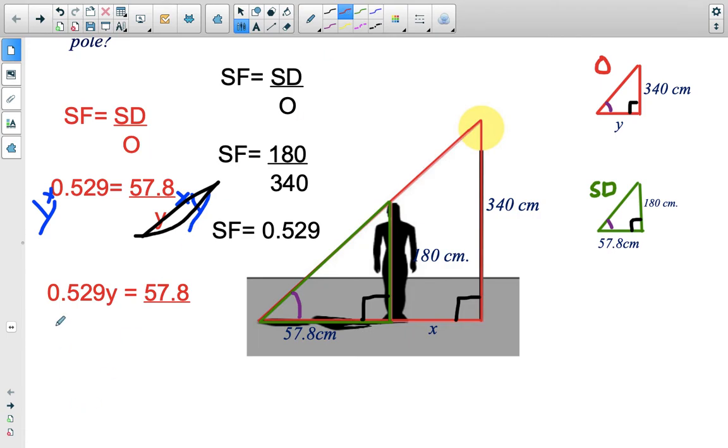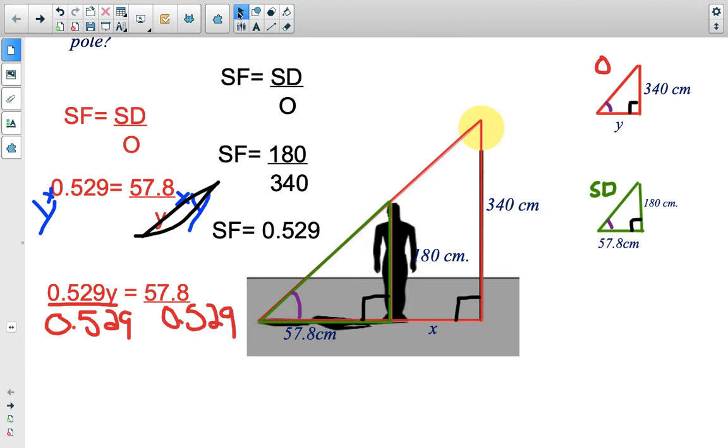Okay, now what I'm going to do to both sides is divide by 0.529. Why? Because I want to get y by itself. And what's attached to that y is that 0.529. So what I do to one side, I got to do the other side. And then you should get your answer for y.